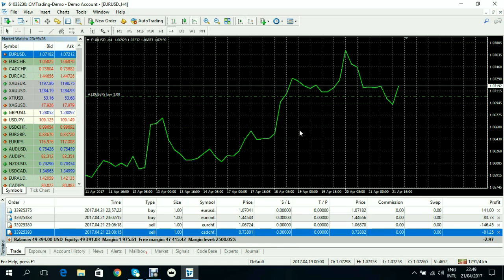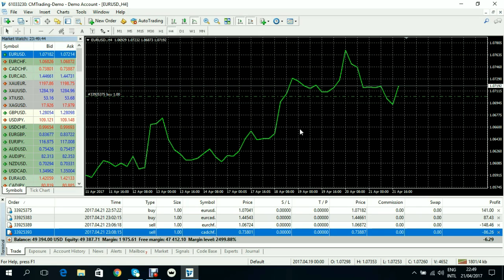So we have to check the other analysis. The fundamental analysis, technical analysis and sentimental analysis are the basic analysis that we always have to do each time we want to place a trade.